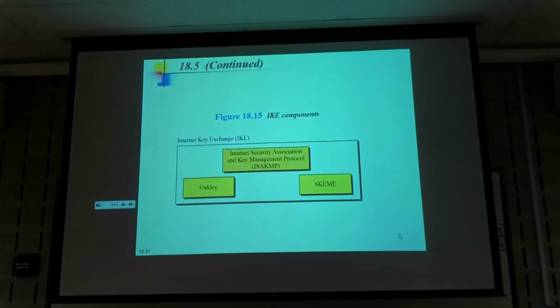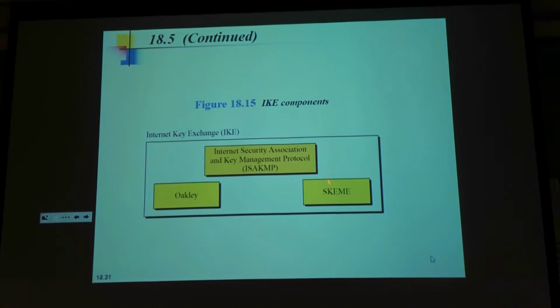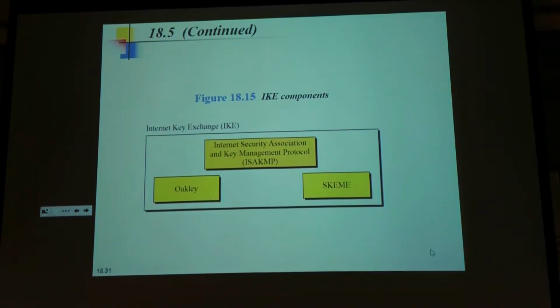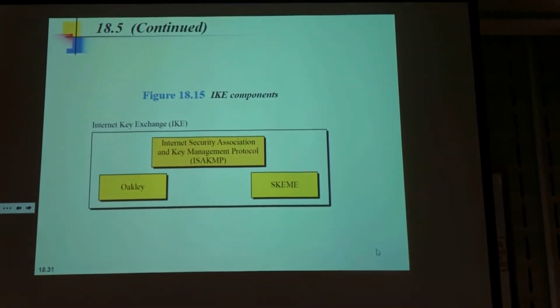The second one is SKEME, designed by Hugo Krawczyk, I think, another protocol for key exchange. It uses public key encryption. What is public key encryption? You have two keys, private and public. So this one uses Diffie-Hellman and this one uses public key encryption.